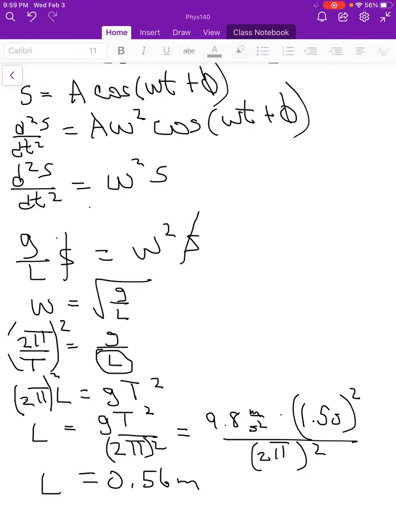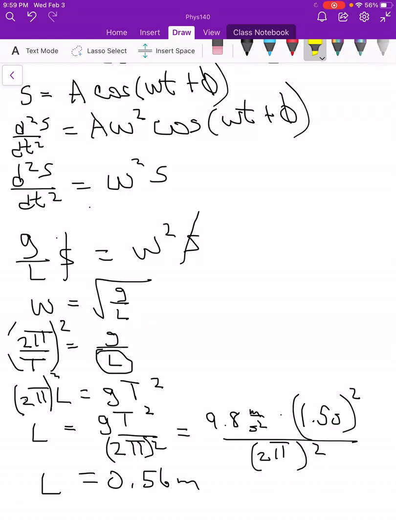Okay, so now I can use that and use the equation again to find g. So what I'm going to do is I'm going to use this equation right here.